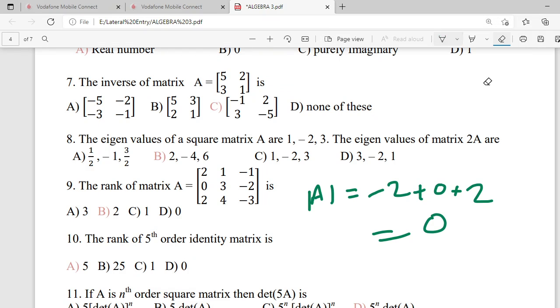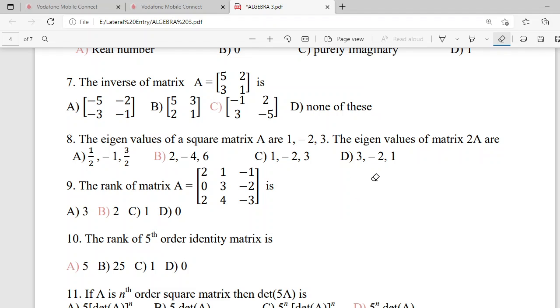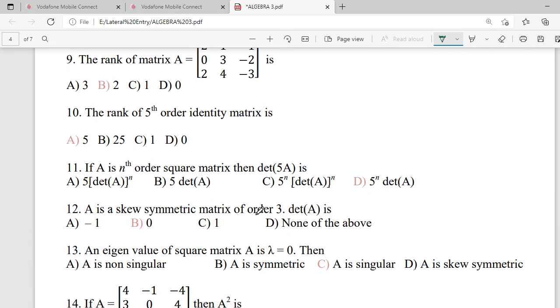Then next one is the rank of the fifth order identity. Identity matrix means its diagonal elements are 1, so its rank is 5. If A is an nth order matrix, then what is the determinant of 5A? When you take the determinant, from every row you take out 5.